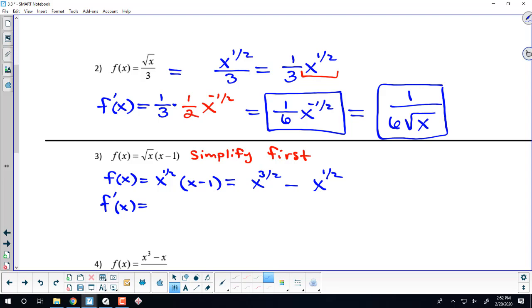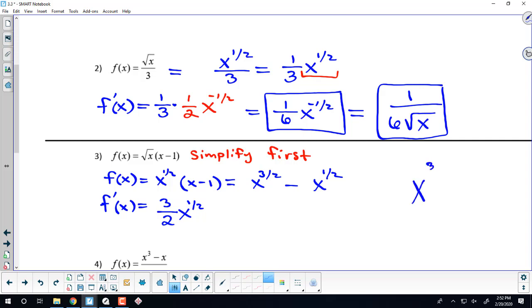Two x times to the second power. 3 over 2 x to the 1/2, right? Yeah, it's minus one. What do y'all think? Is that the derivative of x to the 3/2? 3 over 2 comes out, multiplies, x to the 1 less power.